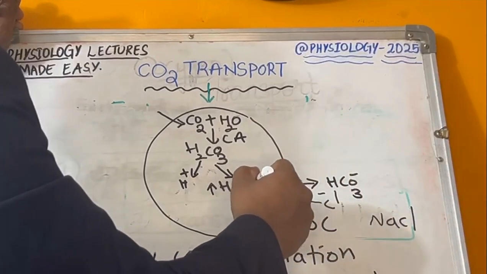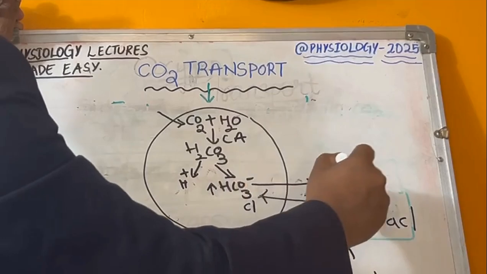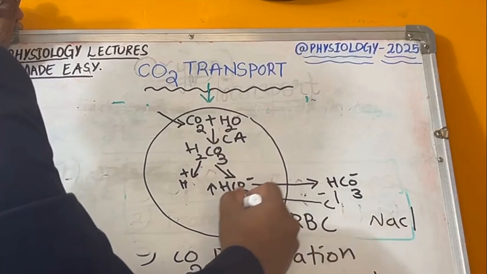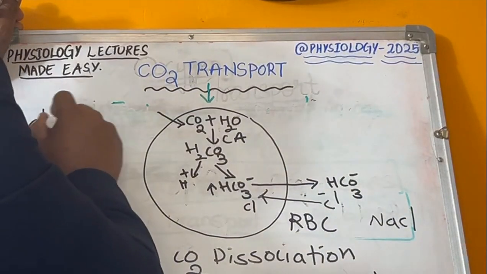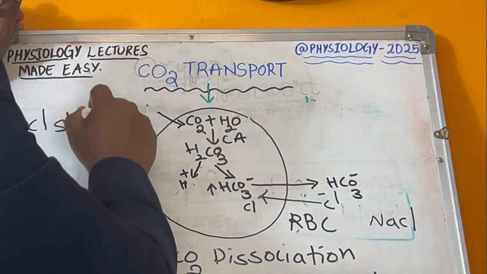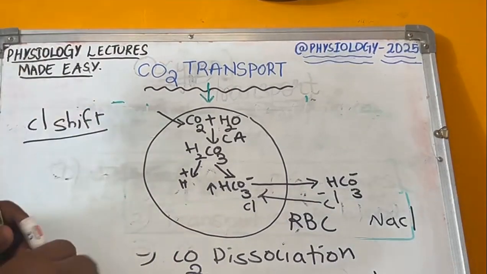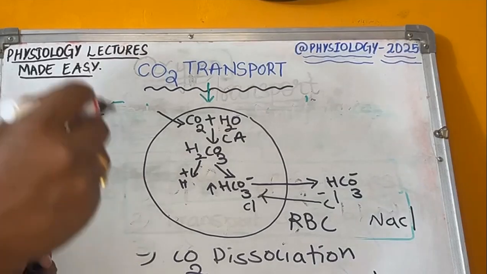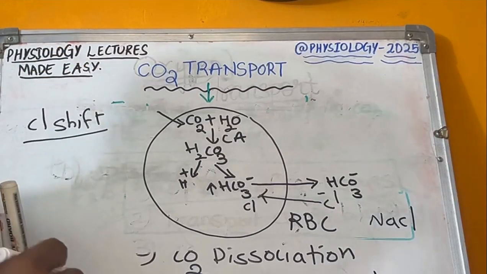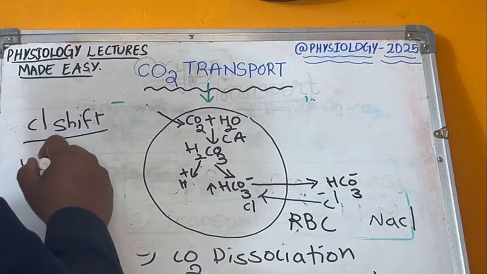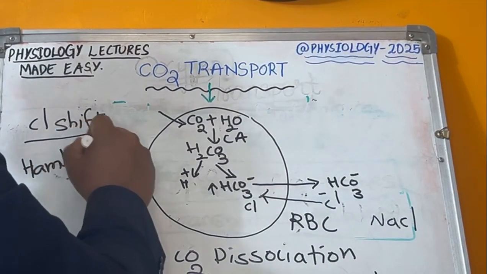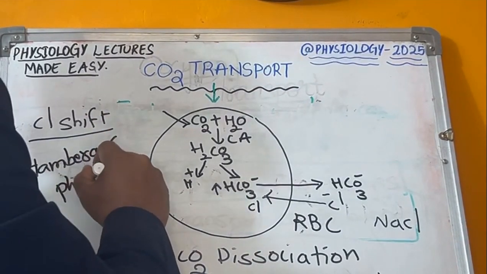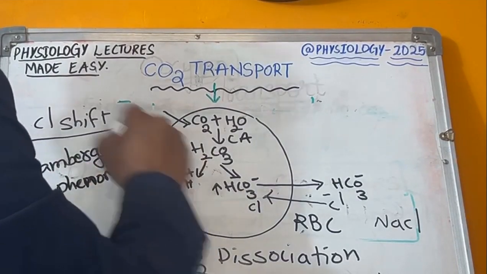Chloride will enter the RBC and bicarbonate will come out of the cell, and this movement of chloride into the RBC is called the chloride shift. Chloride shift, very, very important. Another name for it is the Hamburger phenomenon, or Hamburger effect.